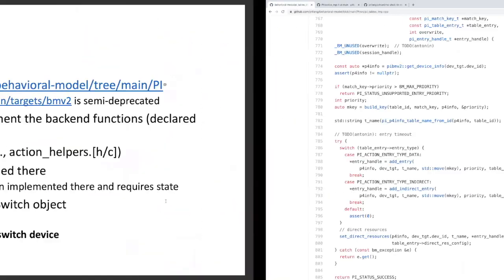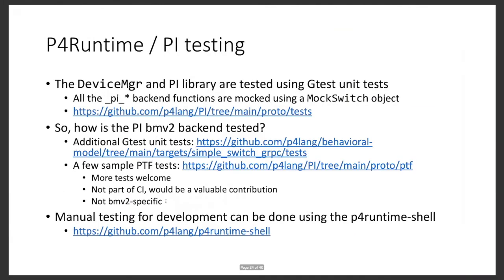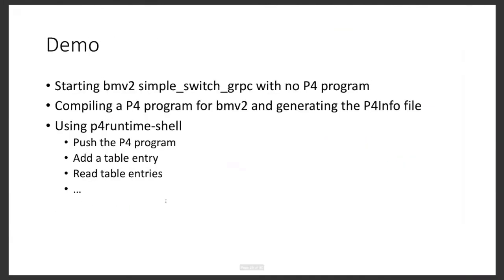We have, for example, _pi_table_entry_add, and that's the implementation for BMV2, which ultimately is going to modify the BMV2 table objects with the appropriate entries. Skip over this. Let's see.